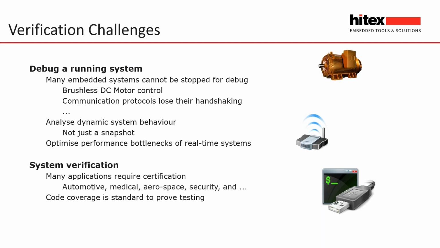And along with giving you the standard sort of run and stop type debugging, it also incorporates a number of trace units so that within our real-time system, we can do a lot of on-the-fly debugging and see how our system is performing. It also has some interesting features that help system verification as well. So we'll have a look at those and how we can do some software testing on these devices as well.